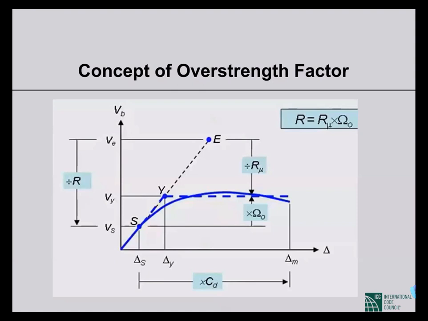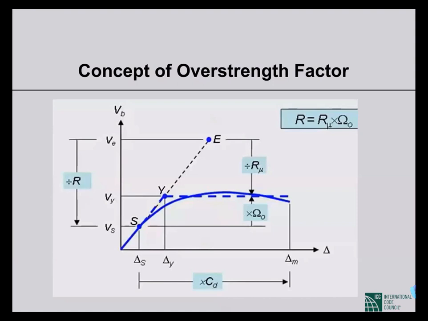So on those portions of the structure, actually they have to sustain V up to Vy. If we design in such a way that the structural fuse components cannot sustain Vy, how will they experience a deformation up to delta M?